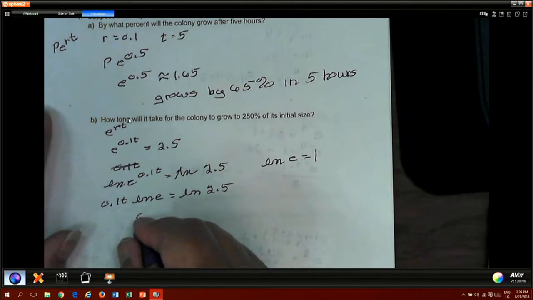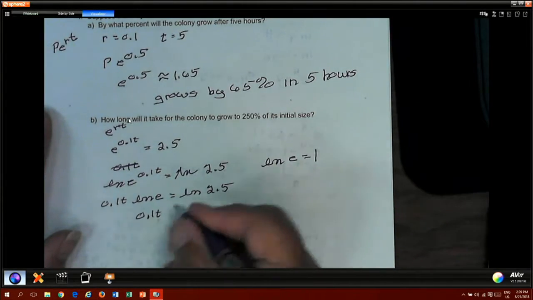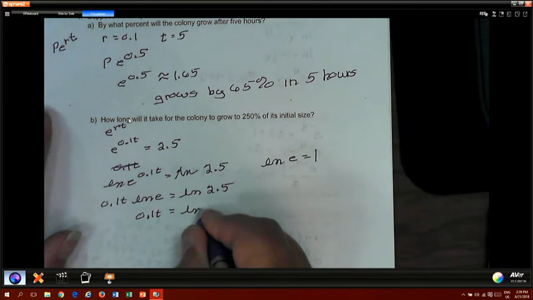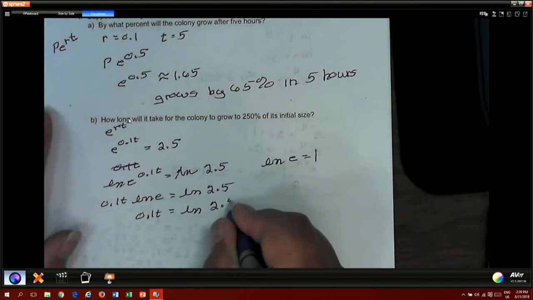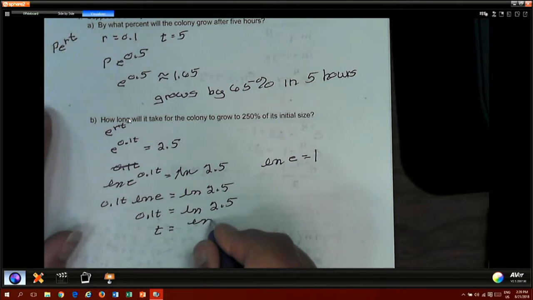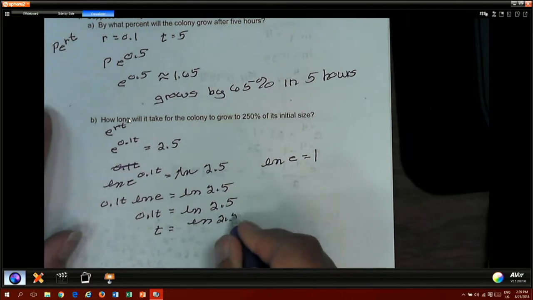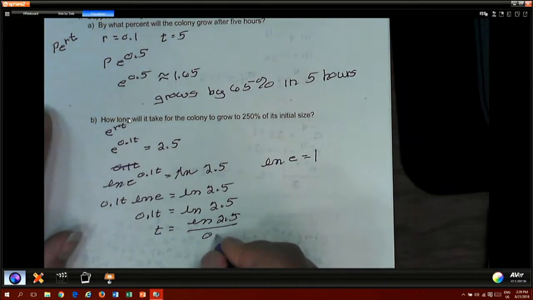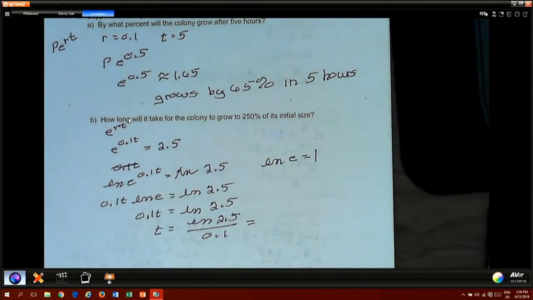So this simply becomes 0.1t equals ln of 2.5, where t equals ln of 2.5 divided by 0.1.